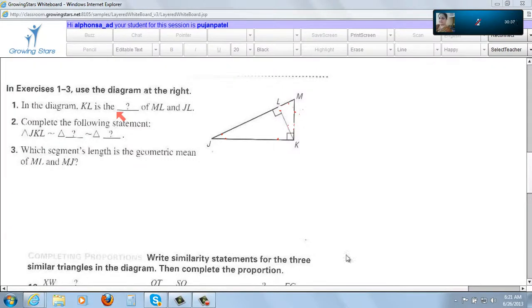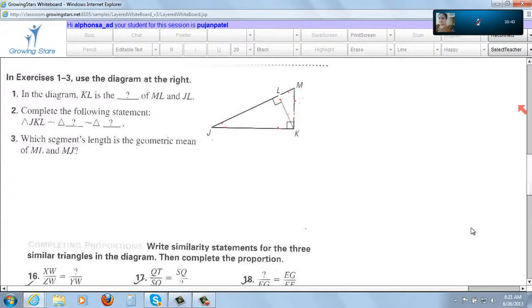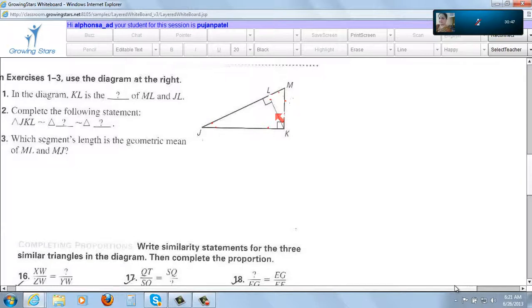You're supposed to use the theorems we just learned. KL is the dash of ML and JL. KL is an altitude, but here you're asked to write it as, look up the word I used here.